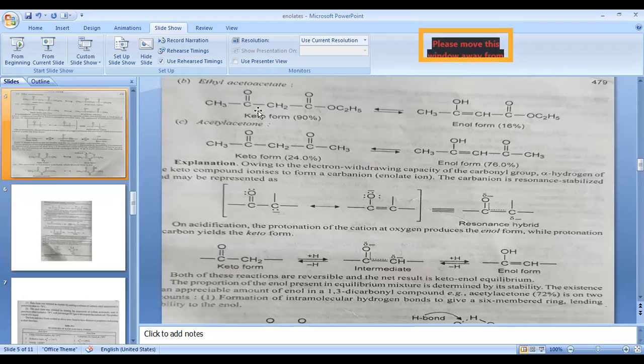This is the ethyl acetoacetate, 90% concentration here, and the enol form is 10% if you consider here. Ethyl acetoacetate is 90% keto form. These are the two keto groups. This is the enol group.